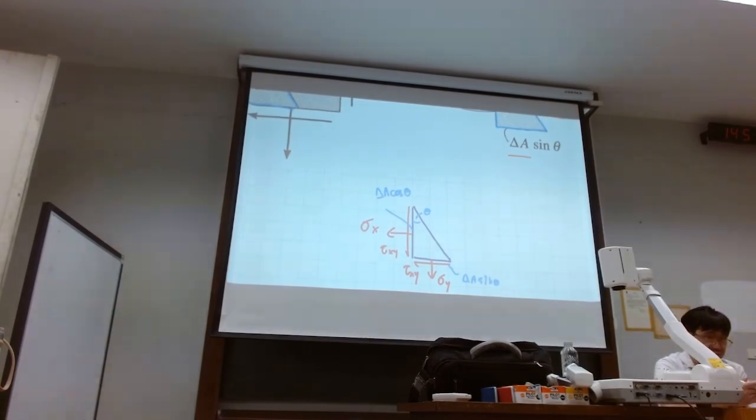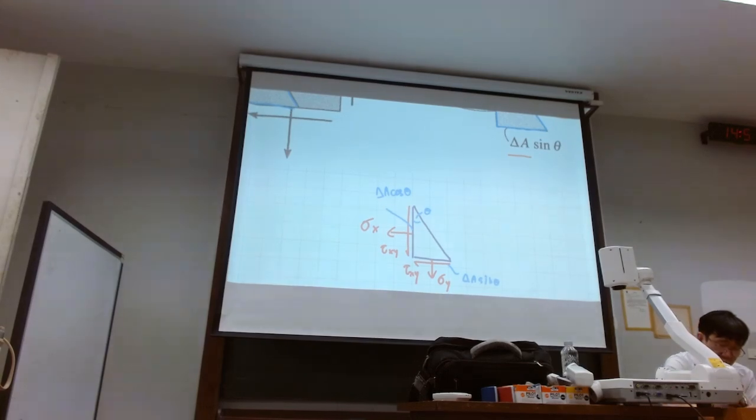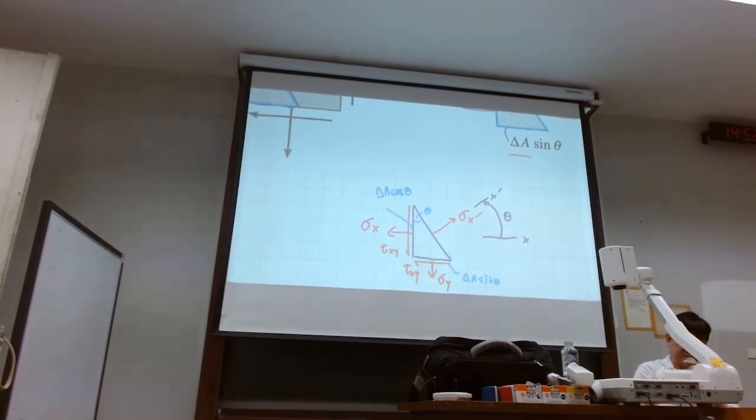Now on that surface, we think it has to have a normal stress, and we call that sigma x prime. This is the x prime axis. This is the original x axis. The rotation over here would be theta as well. And we would have on this surface tau x prime y prime.